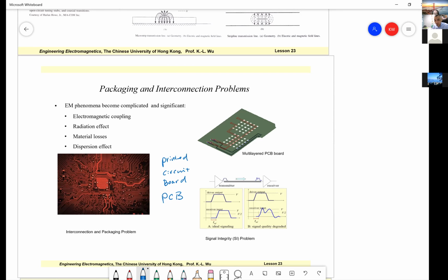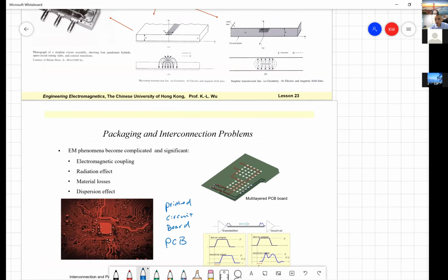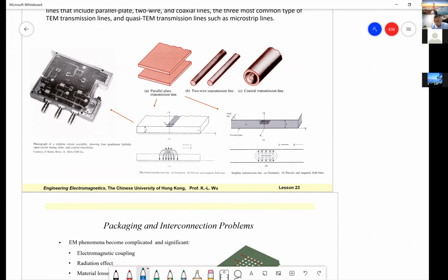And then a very simple transmission line on the PCB circuit board looks like this. Okay, we have a printed metal, just a metal trace. Then the ground must be realized by metal, right?